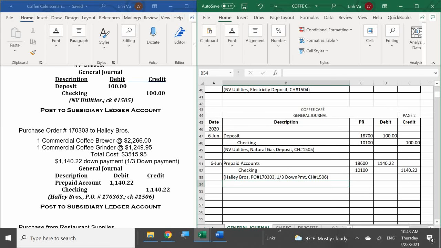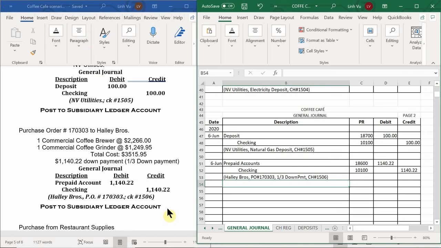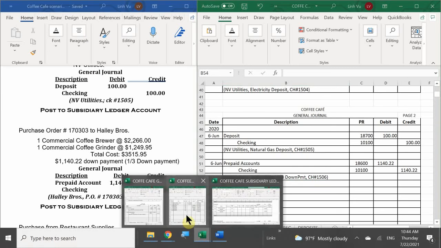And there you go. Now I've completed my journal. Okay? So now the last thing that I need to do is go and update my general ledger. Okay?